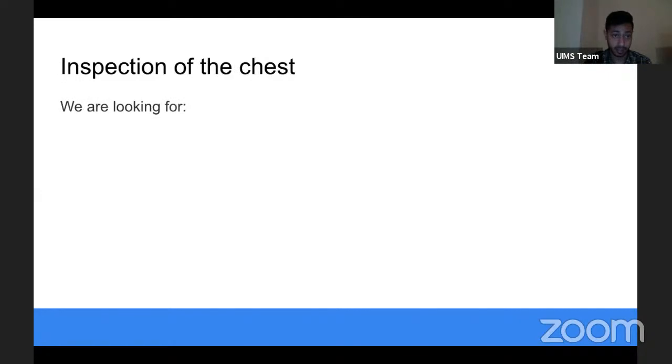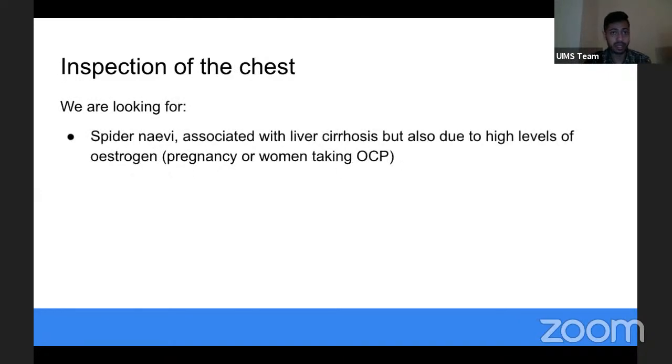Onto the chest. So what are we looking for in the chest? We're looking for spider nevi, which are usually associated with liver cirrhosis, but they can also be due to high levels of estrogen. So don't be alarmed if you see spider nevi in pregnant females or women taking the oral contraceptive pill.